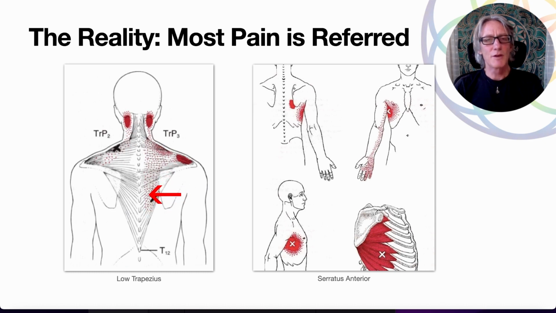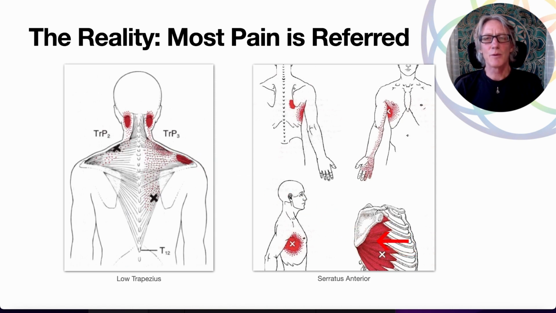So if you have an issue in your low trapezius here, you don't feel it there. You feel it as top of the shoulder pain, posterior neck pain, suboccipital region, very common, and right here into the top of the shoulder very prominently, close to the acromion process. Very, very common.